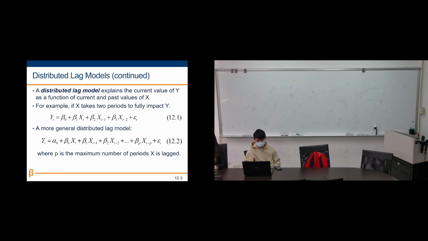Maybe beta 0 is the big effect, then beta 1 will be smaller than beta 0, all positive. Then beta 2 is even smaller than this one, isn't it? This means that as we extend to past periods, they will have less effect on the current sales.